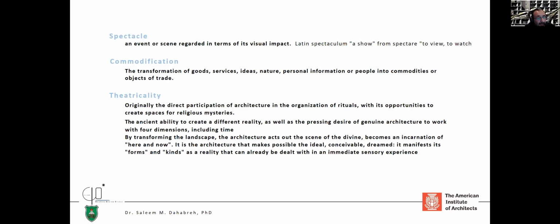By transforming the landscape, by being a theater, and here theatricality is being used in the positive sense, not in the negative sense, meaning architecture performs socially and culturally. It is not a passive backdrop. Actually, it is an active participant, and it creates a here and now. It makes possible an ideal, conceivable, a dreamed reality. These are all accepted canons in architecture.